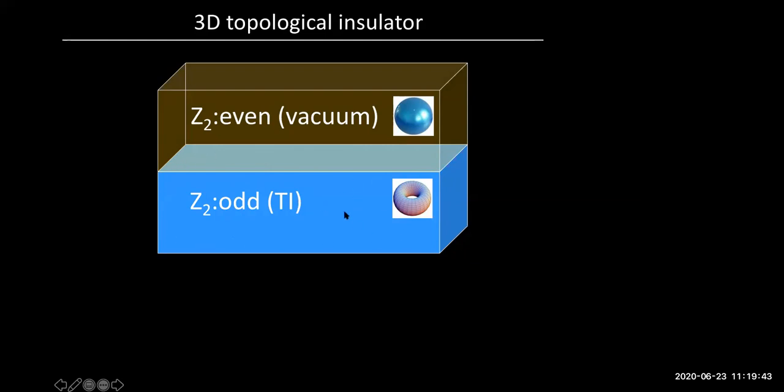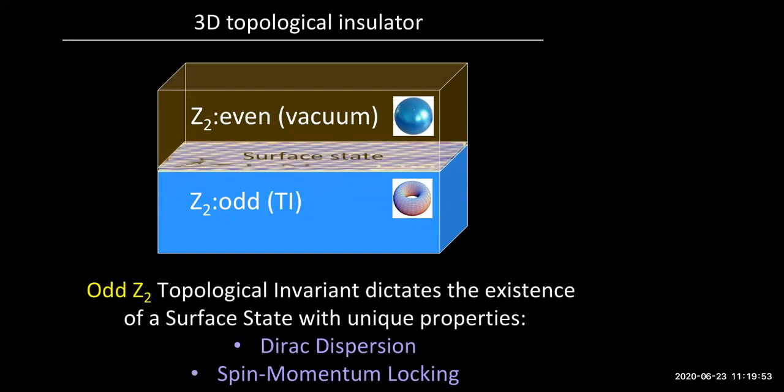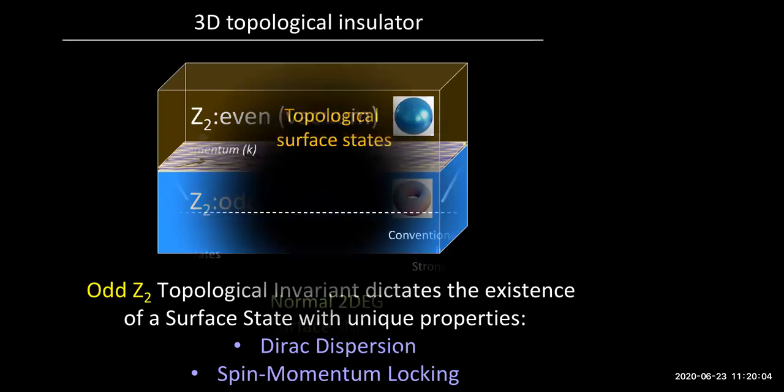For a three-dimensional topological insulator, the boundaries are two-dimensional surfaces, and on these surfaces you must have a two-dimensional gas of electrons. This gas has very interesting properties: it has Dirac dispersion as well as spin momentum locking.